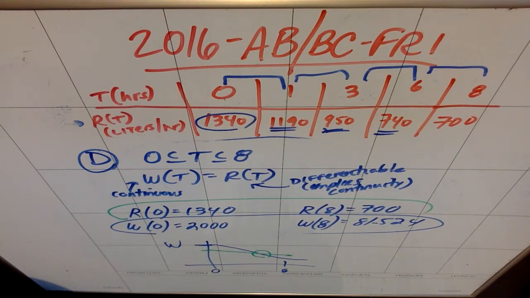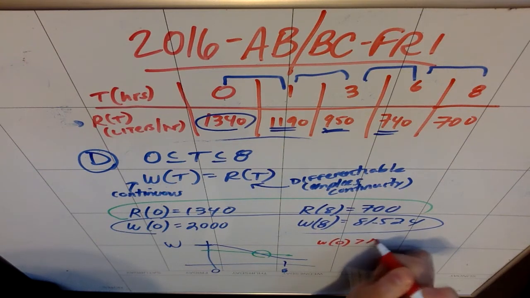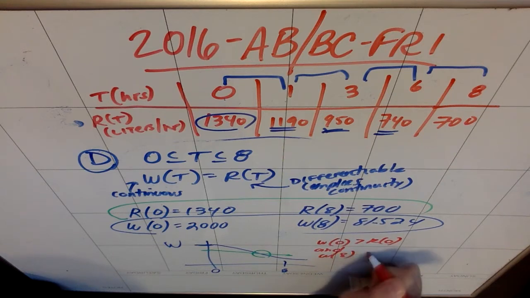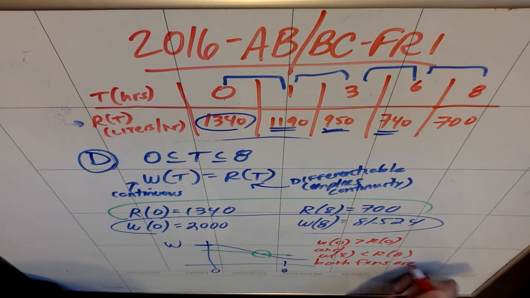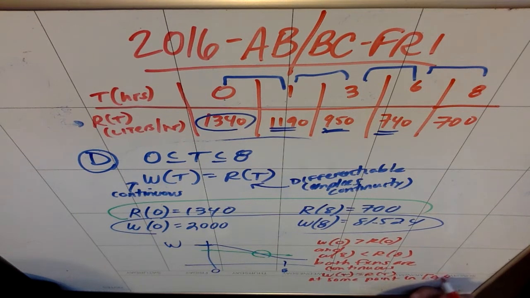So the easiest way to point this out is that because W of 0 is greater than R of 0, and W of 8 is less than R of 8, and both functions are continuous, W of t has to equal R of t at some point in the window from 0 to 8, right?